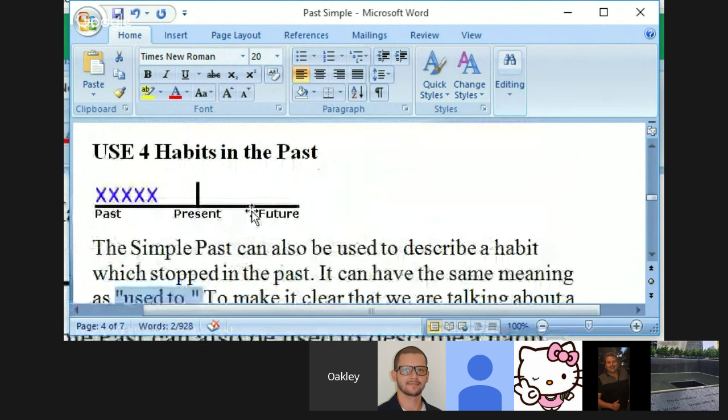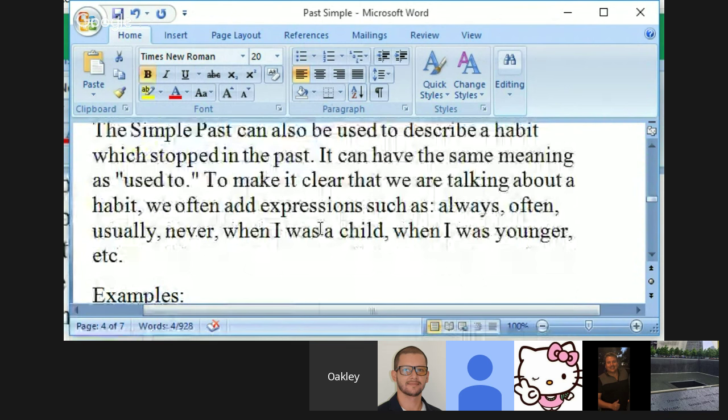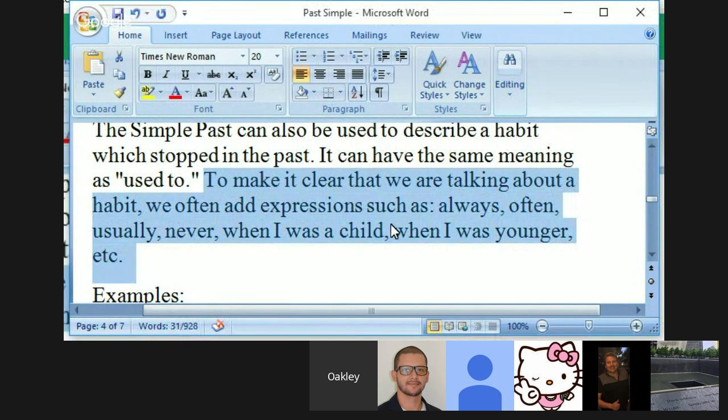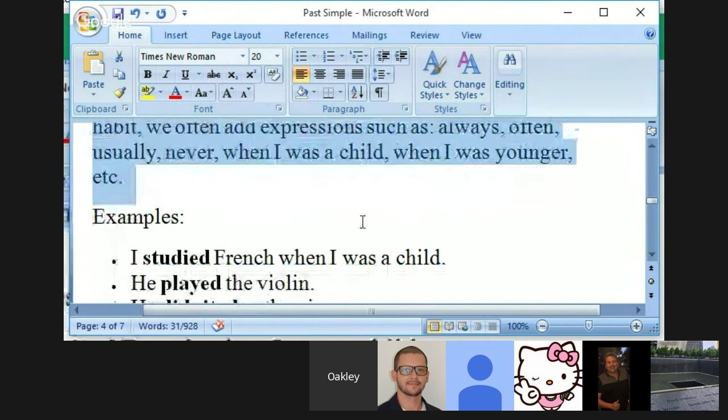However, if you want to express this idea of a habit in the past, and for some reason you don't want to use used to, you must make it clear through other language. So you have to use other expressions, like always, often, when I was a child, when I was younger, whatever.